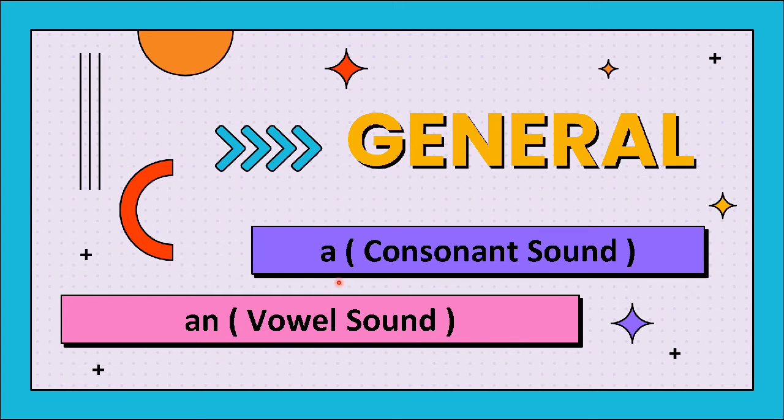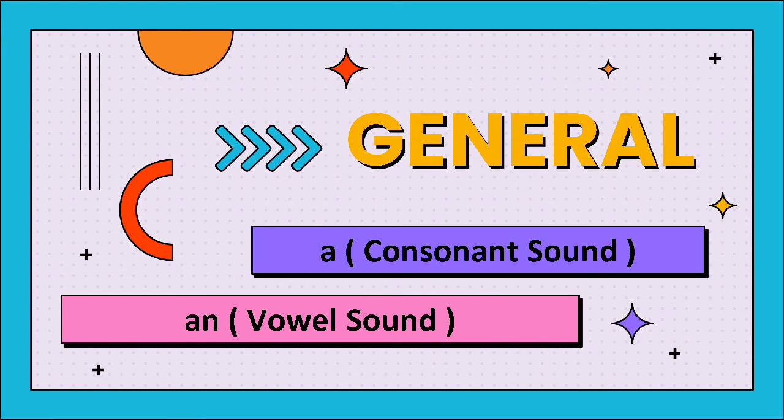A is an auxiliary word that can be paired with a noun that starts with a consonant sound. But an is an auxiliary word that can only be paired with a noun starting with a vowel sound. What is a consonant sound and what is a vowel sound?